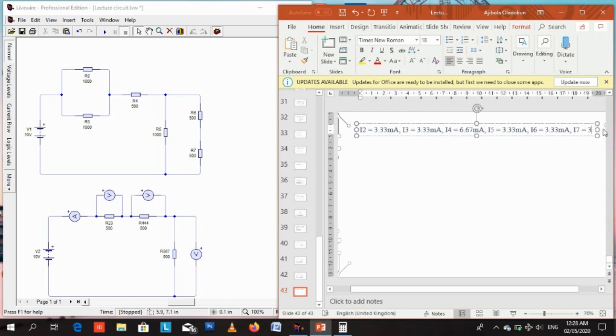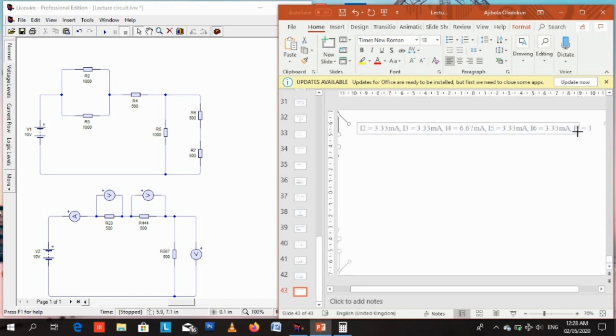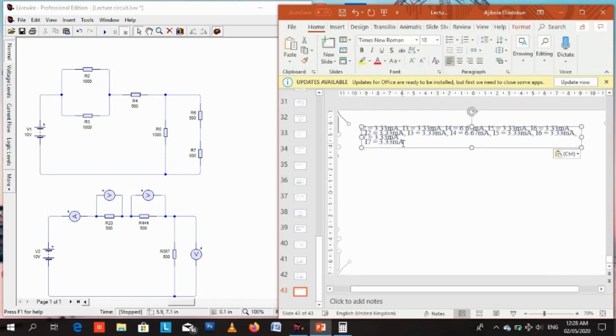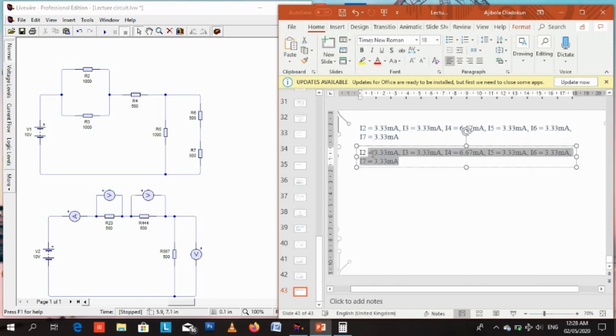So we are basically listing out all the current values that we've been able to calculate so far: 3.33 milliamperes for I7, I6, I5, I2, and I3. Only I4 differs, which is 6.67 milliamperes.